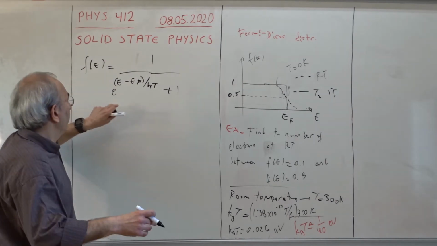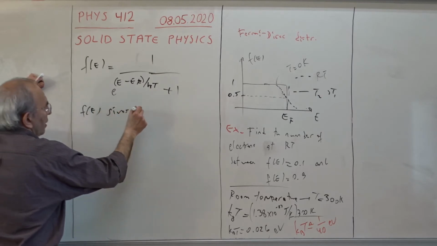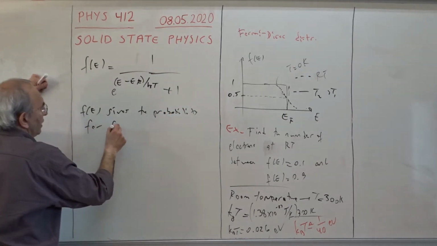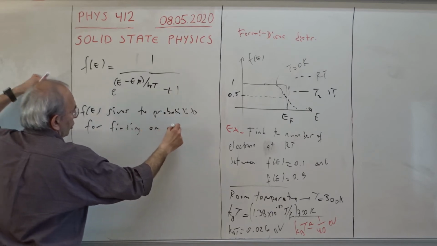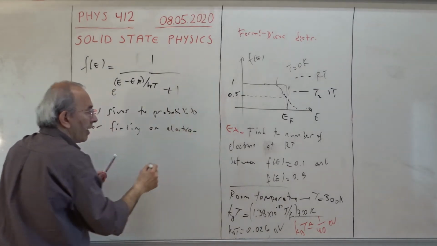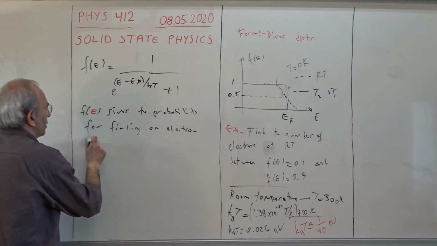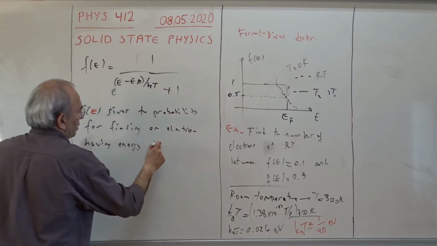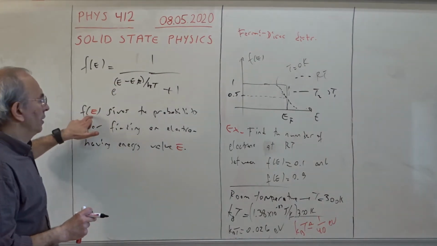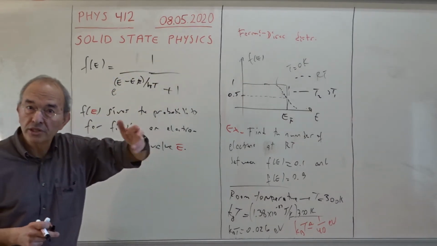What is the probability of, let me write it as a sentence, F of E gives the probability for finding an electron having energy value E. Whatever energy we are interested in, if you put that value here, this gives us the probability: 0.5, 0.2, which is 20%, 10%.